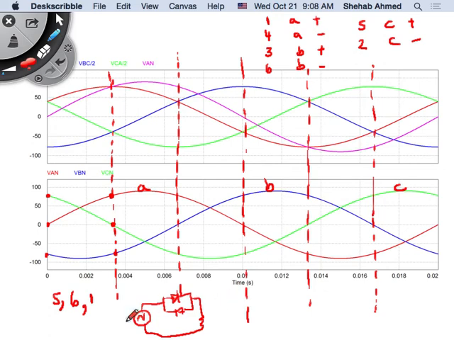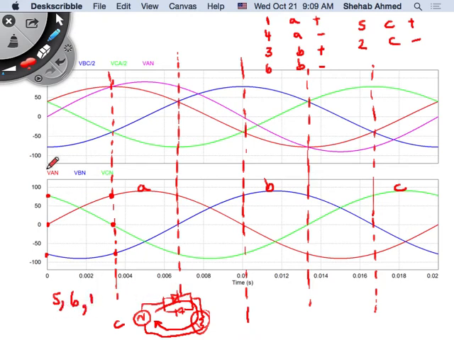If this is the phase C voltage and it's in the positive half cycle, only the top diode will conduct, placing voltage and current through this resistive load, correct? And that's why here phase C is positive and I go up to phase C positive, then I know that device 5 would be conducting here. Same thing with 5, 6, and 1 for the other phases, okay?